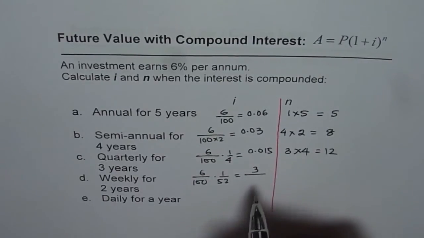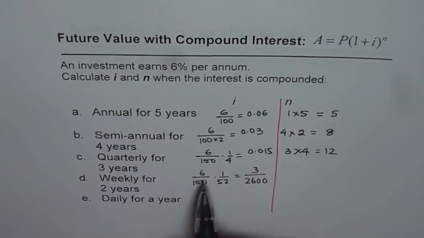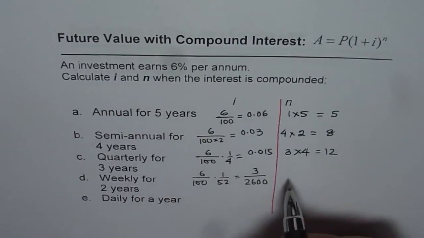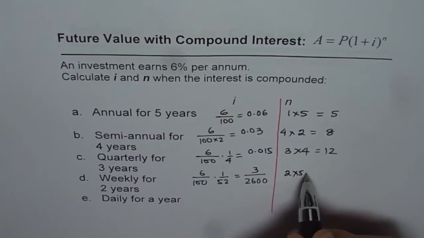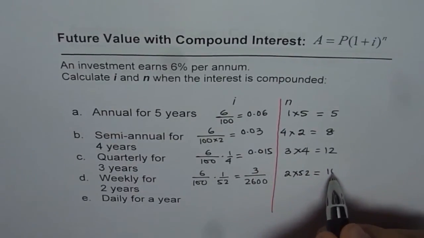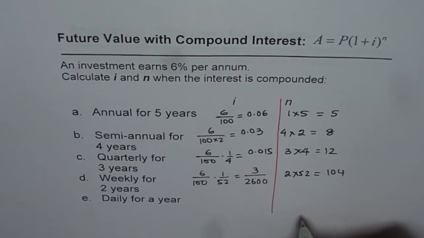We'll use 3 over 2600, which is a simplified form of this fraction, right? So we'll use this value. Now weekly for 2 years means 52 times 2. Do you see that? So 2 years times the number of times it is compounded, 52 times 2, 104. So the n value will be 104.